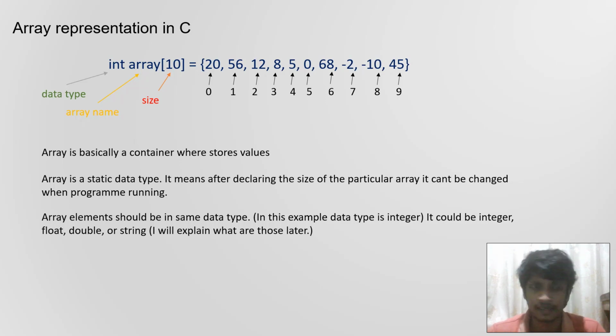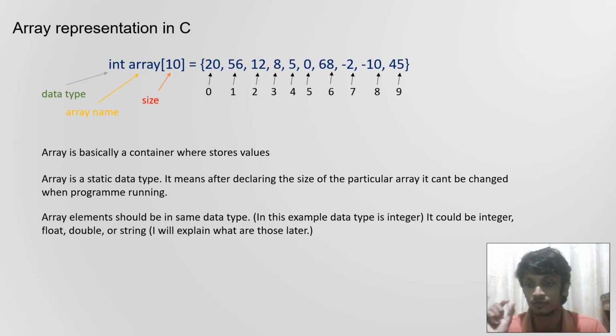The second thing is the array name. Here the array name is simply array. You can name it anything: array, maybe arr, maybe x, maybe array2, something like that. But remember, when you are naming your array, it should start with a letter.